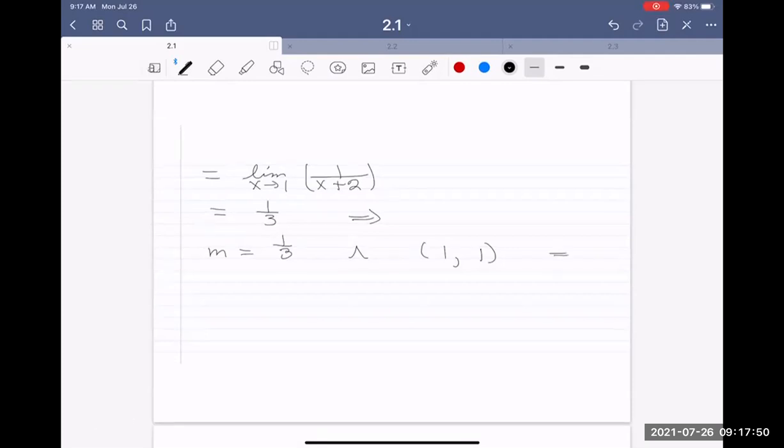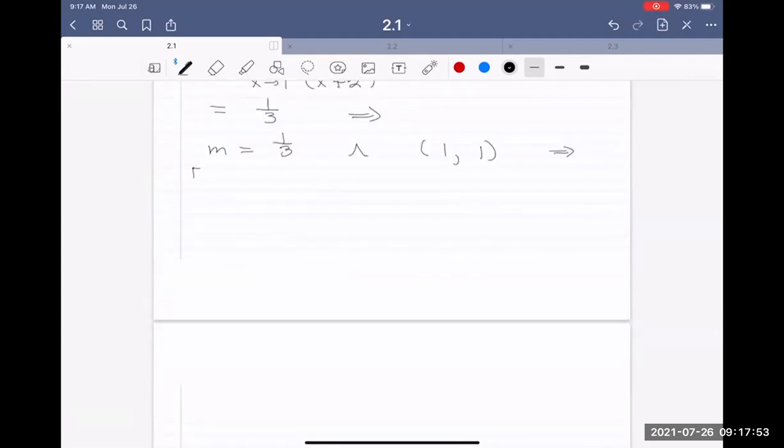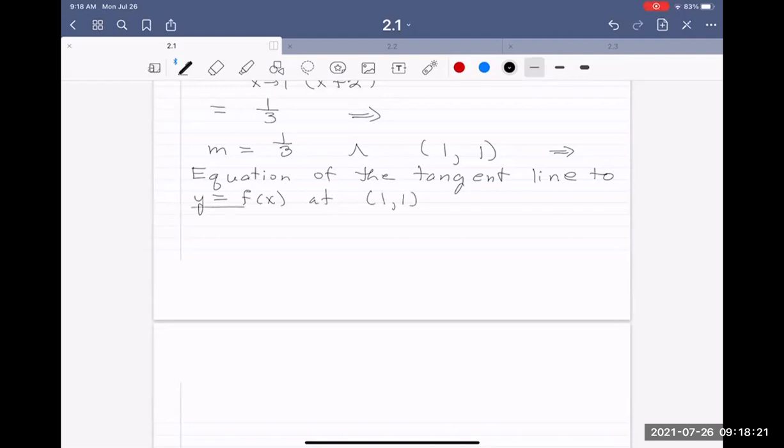Therefore, the equation of the tangent line to y equals f of x at the point (1, 1) is, again, I have a point and a slope, so I'll use the point-slope form for the equation of a line.